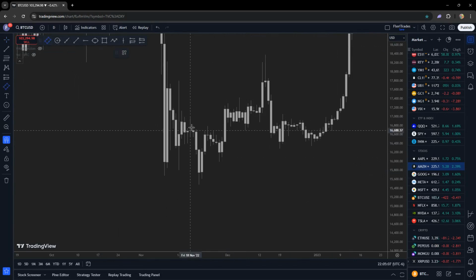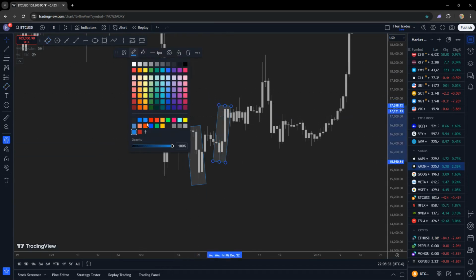The move to the low starts on Saturday the 19th of November, and we make a move to the low, and the high that came before that is going to be this high here, and we need to activate that, and the activation leg is going to be this leg here, and we'll make that yellow.